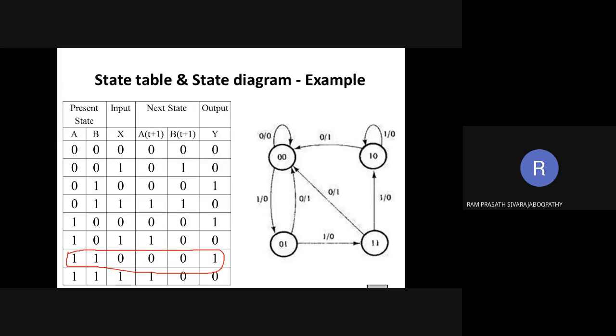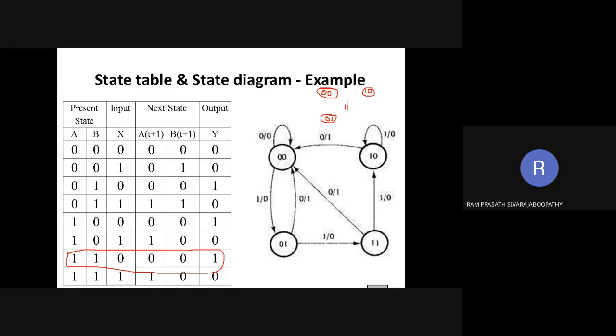Let us take this combination. So I am taking 4 states. 0 0, so this is one state. 0 1. Okay, 1 0. 1 1.